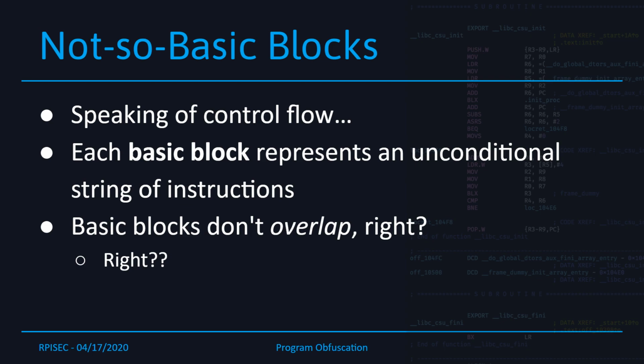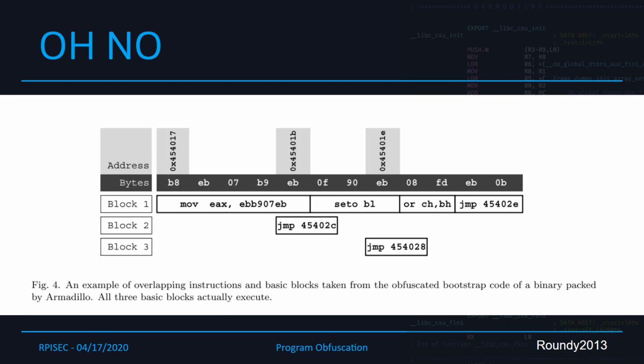Now, a fundamental thing you'd expect is that basic blocks are separate. They shouldn't overlap with each other. Unfortunately, they do. So here we have an example of how one stretch of memory can actually be three completely separate instructions, depending on where you jump into it.